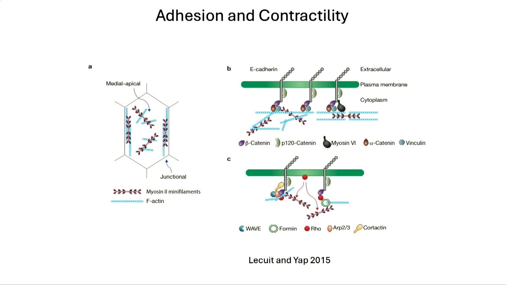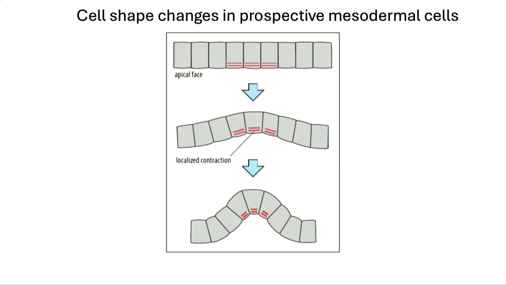So in a sense, we are now adding more molecules to this system which regulates the cell shape, but by and large, essentially just looking at adhesion and contractility as forces which change when the shape change is different in different stages.